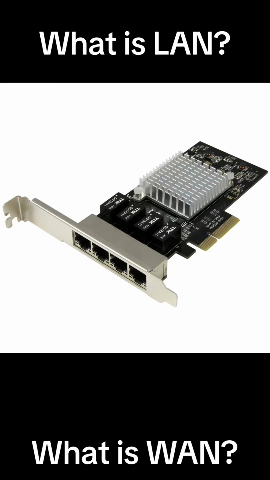Now, every computer has a network card, which allows the Ethernet cable to be plugged in. We identify every computer on a local area network, or a LAN, by a unique identifier called a Media Access Control Address, also known as a MAC address.